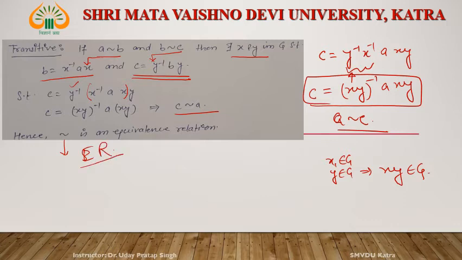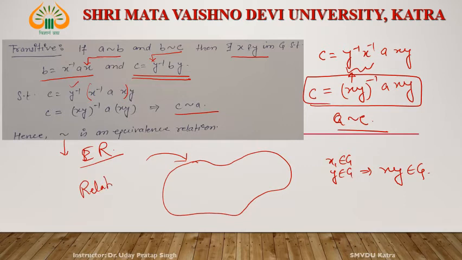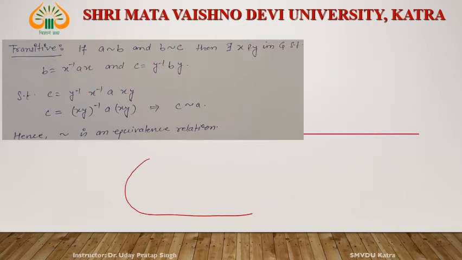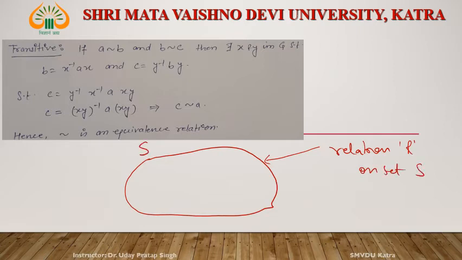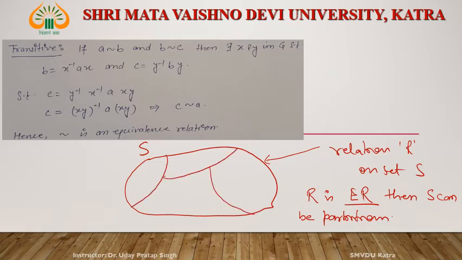Now, remember class 1. In class 1, I already told you, if on any set S we define a relation R, and if we are able to prove that R is an equivalence relation, then S can be partitioned, something like this: S1, S2, S3, Sn.